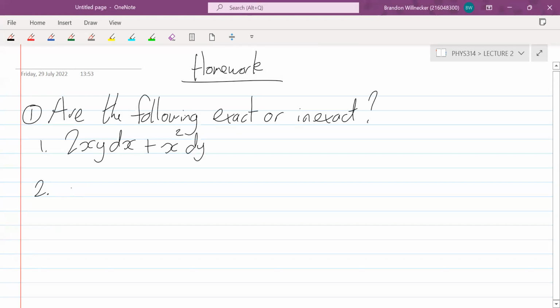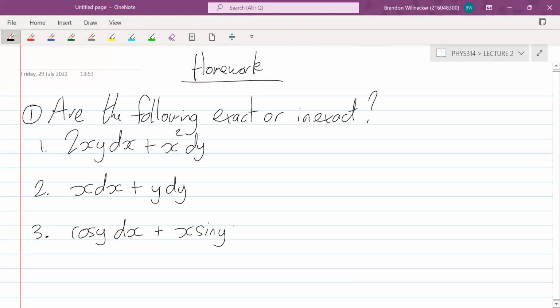Number two, x dx plus y dy. And number three, cos y dx plus x sin y dy. We've got these differentials. Are they exact or are they inexact?